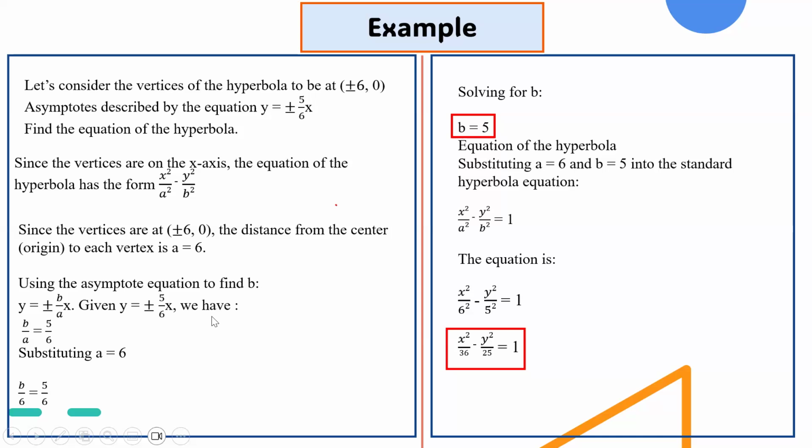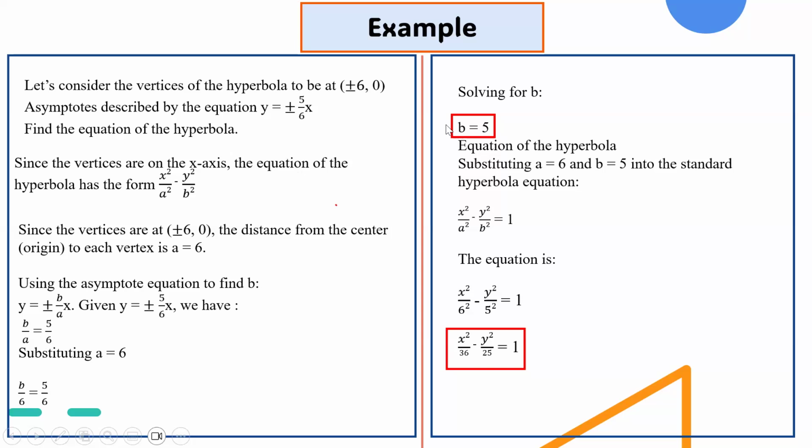So, therefore, it's b over a x. When we substitute a, it's going to give us 5 over 6. Now we're going to solve for b.